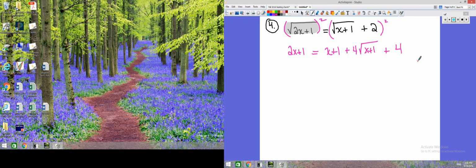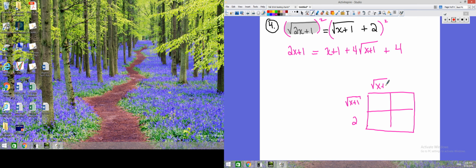Now, if that's too quick, or you don't want to do that in your head yet, one organized way is through a table. I've got one term being the square root of x plus 1, and my other term is 2, and for the other binomial, it's the same thing. It's a repeated multiplication, a squared binomial. The radical times the radical goes away, and we're just left with x plus 1.